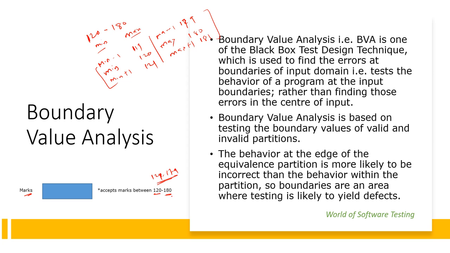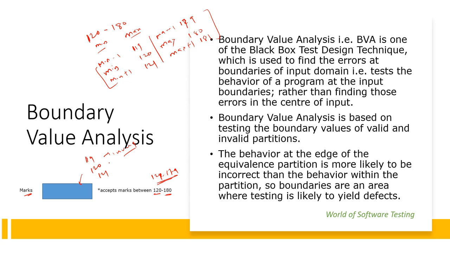We cannot try 60 values entering this text box. With the help of BVA, we find these boundary and nominal values and can try entering the first values as 119, 120, and 121. Out of these, 119 will be an invalid value, so it should not get accepted.